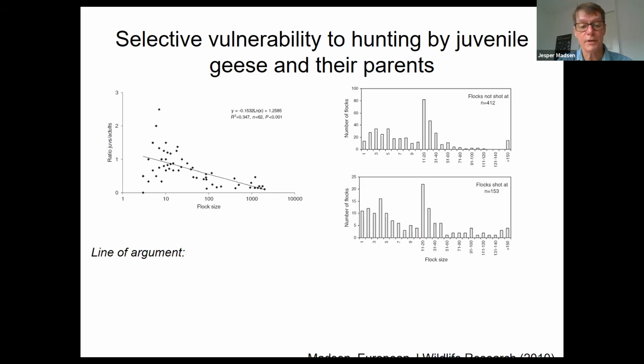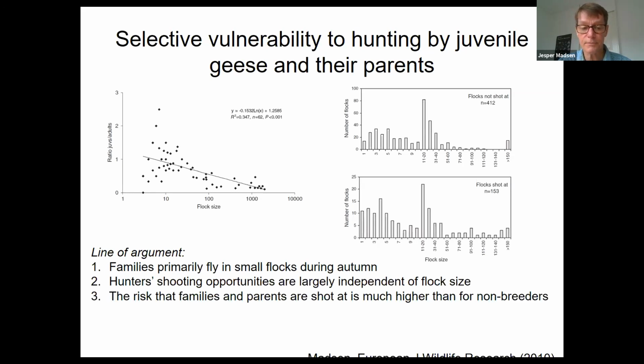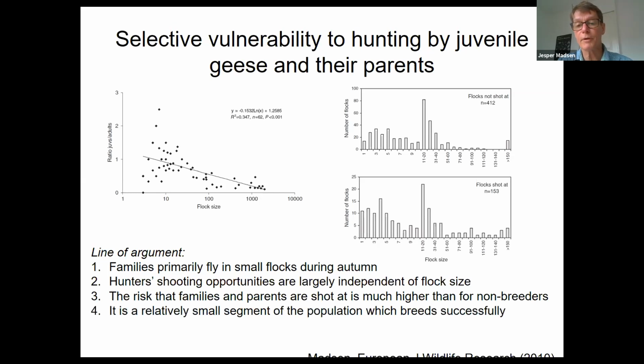Independent of the flock size. So the line-up argument here is families primarily fly in small flocks during autumn, and hunters' shooting opportunities are largely independent of the flock size. Therefore, the risk that families and parents, including the juveniles, are shot is much higher than for non-breeders. And we also know from our population studies that it's a relatively small segment of the population which breeds successfully from year to year.